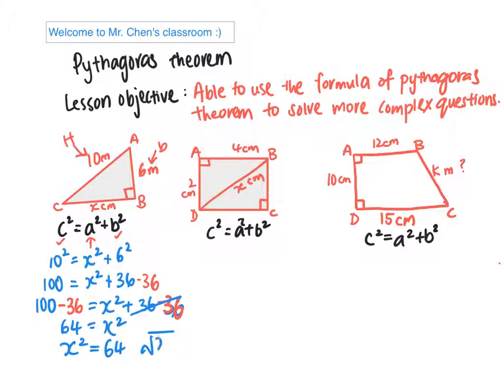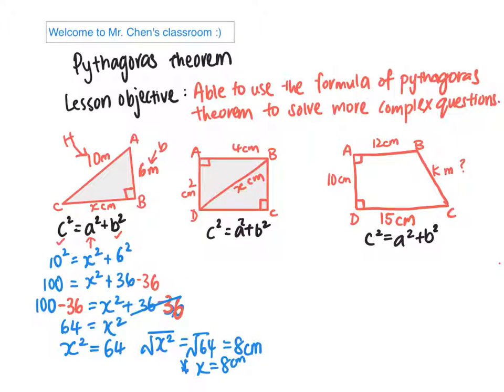If you don't know your square roots, use a calculator to square root 64, which is 8. So 8 centimeters. In conclusion, x is equal to 8 centimeters.